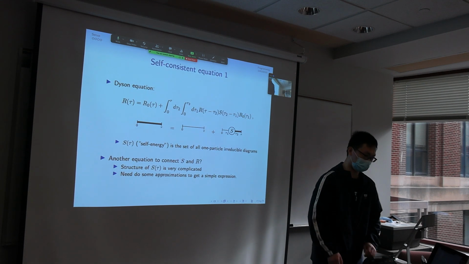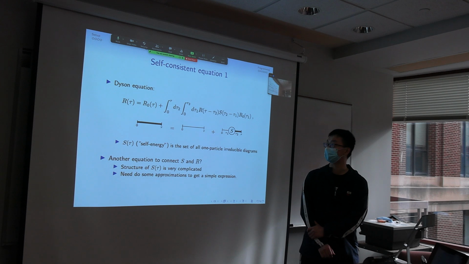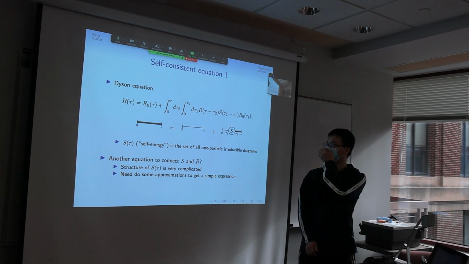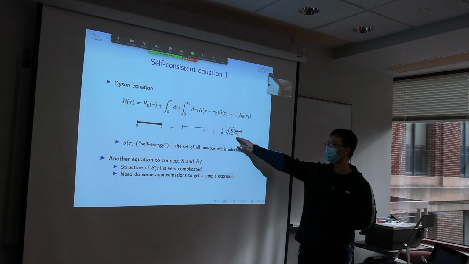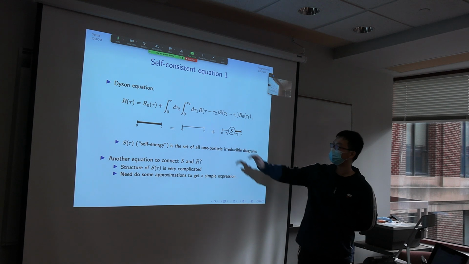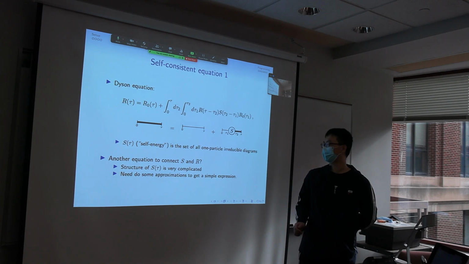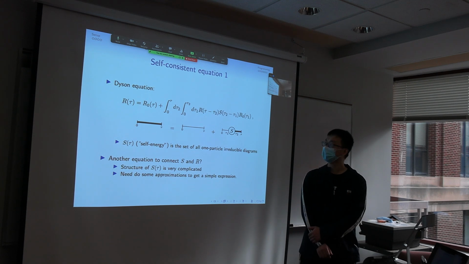Next, we want to find the self-consistent equations for the pseudo-particle propagators. Equation 1 is straightforward. It's the Dyson equation. That means S is the self-energy of the corresponding pseudo-particle propagators, and S is the set of all one-particle irreducible diagrams.